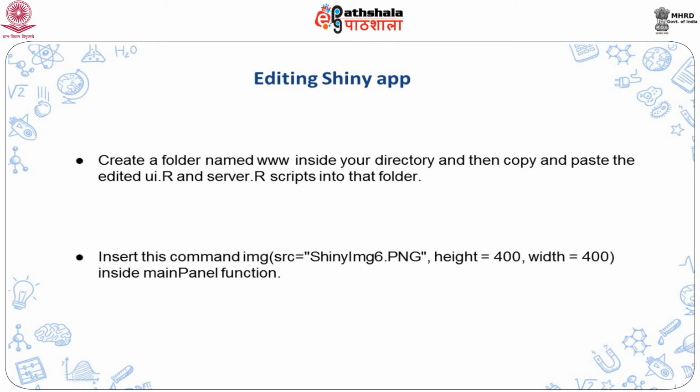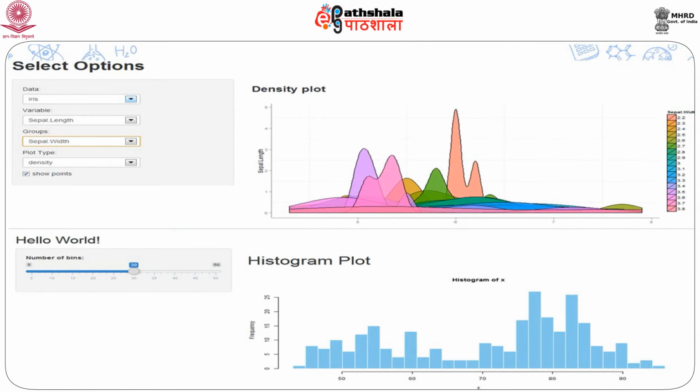Create a folder named www inside your directory, and then copy and paste the edited UI.r and server.r scripts into the folder. So this is how I have edited mine, and this is what is given here. So now the output looks like this.